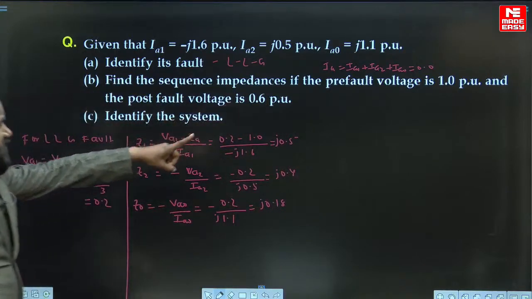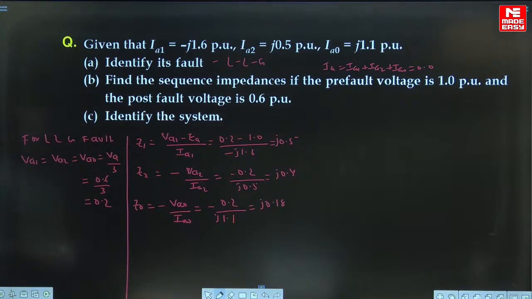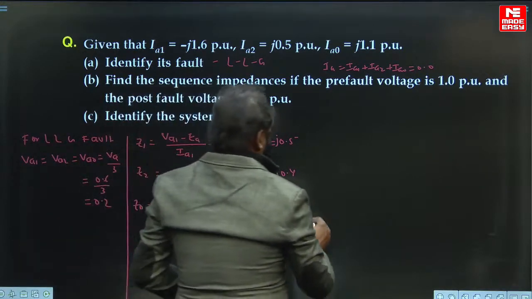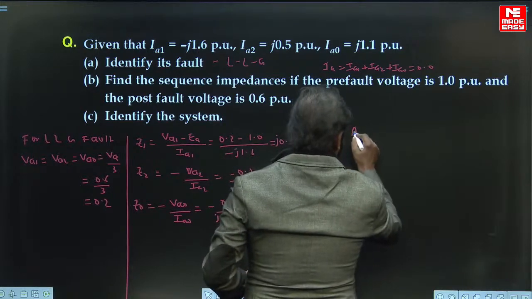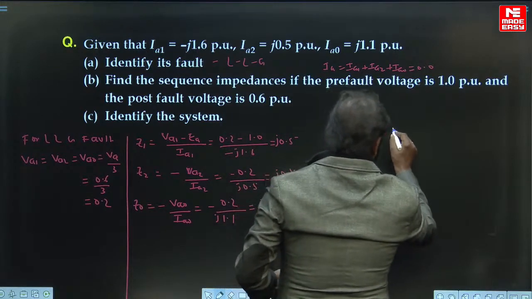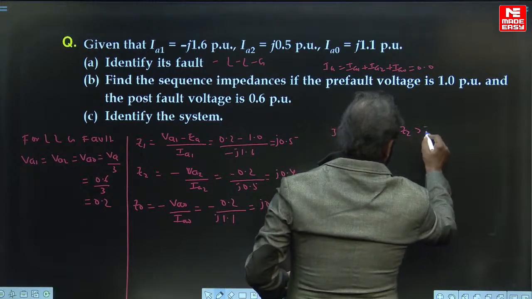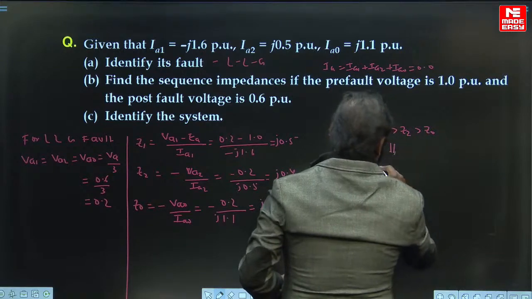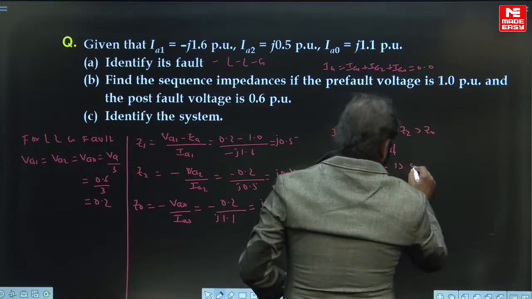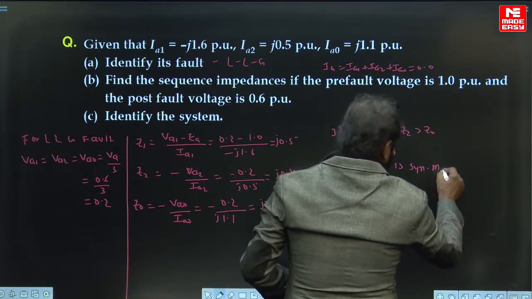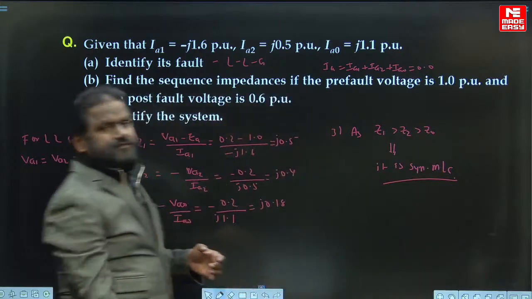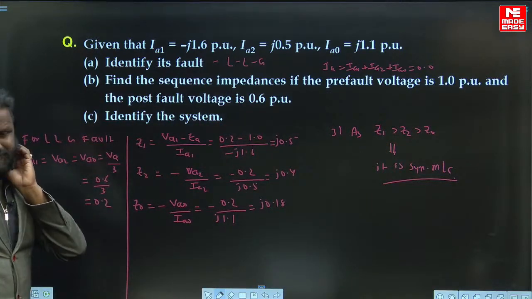Find the sequence impedances if the pre-fault voltage is 1 per unit. Identify the system. Third, as Z1 is greater than Z2 greater than Z0, what is it? It is a synchronous machine.